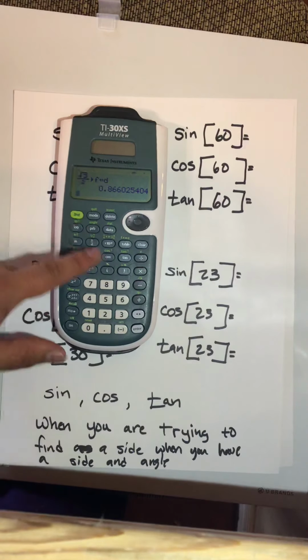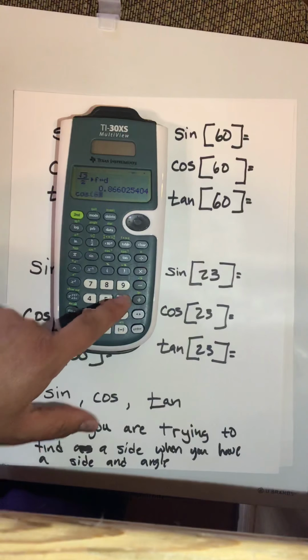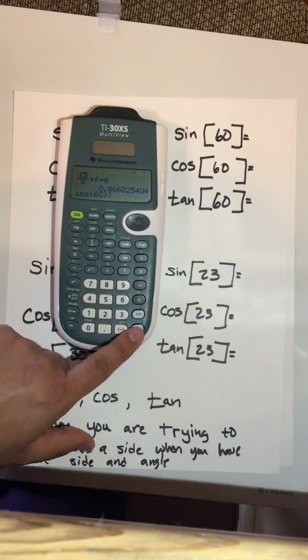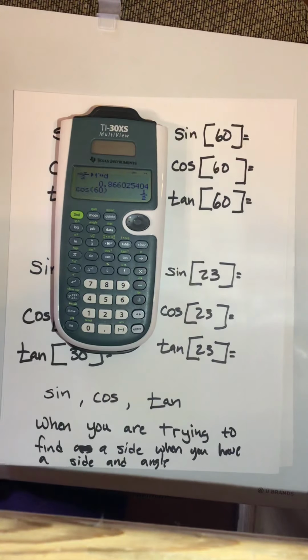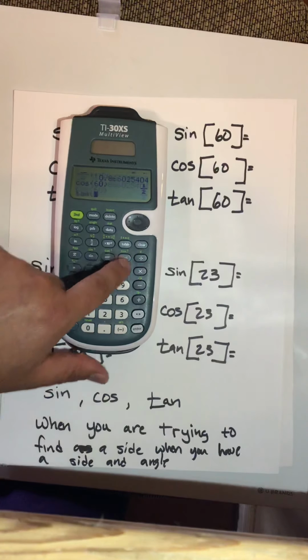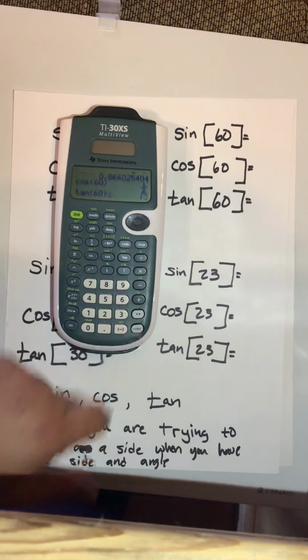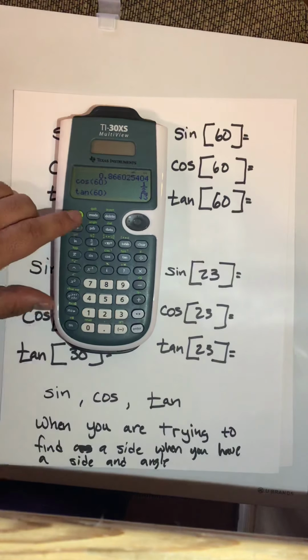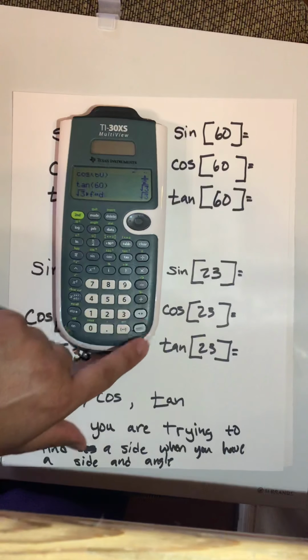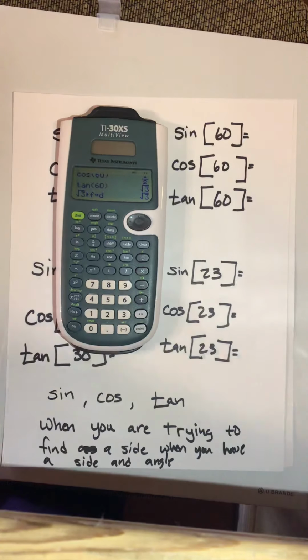If I do the cosine of 60 degrees, I get a value of 1/2 or 0.5. Now if I do the tangent of 60 degrees, I'll get square root of 3, which is a number like 1.7.